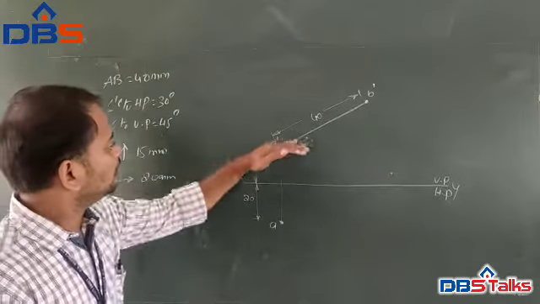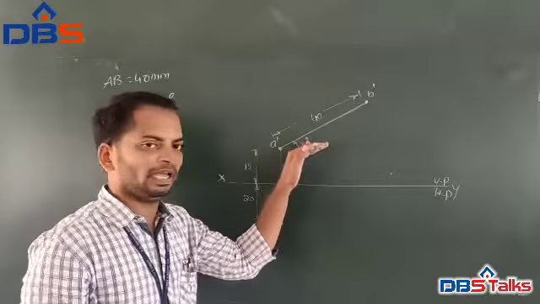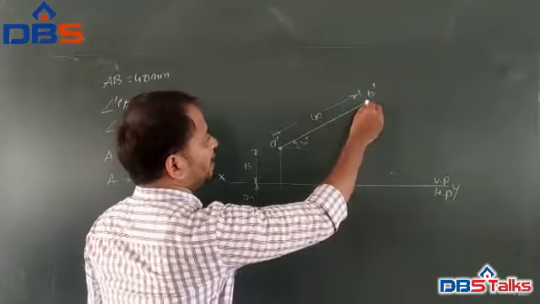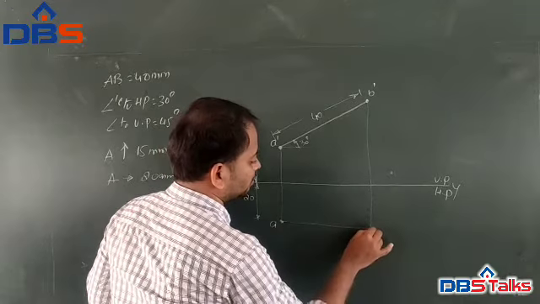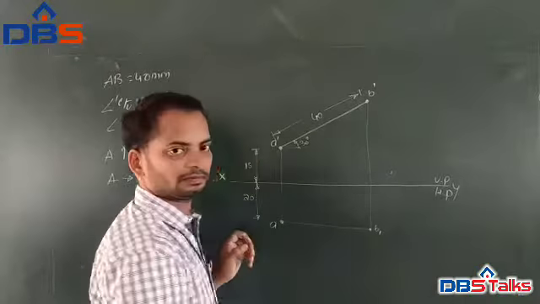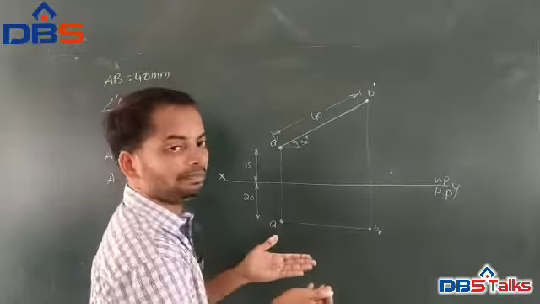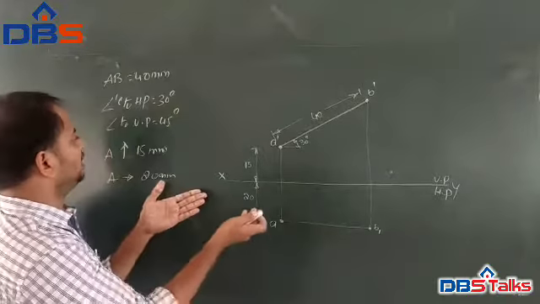So draw the 30 degrees with HP, and draw a parallel line for the vertical plane. This is B1.